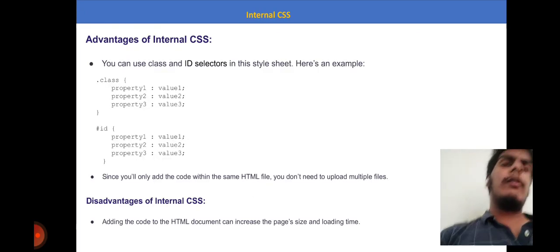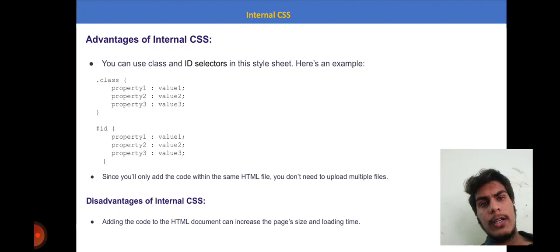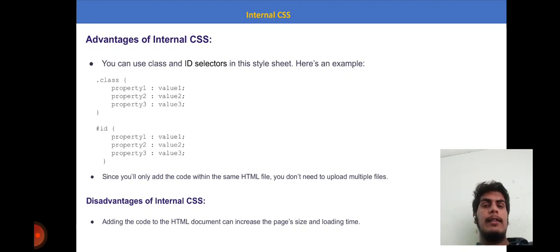Advantages of internal CSS. You can use class and ID selectors in this style sheet. Here is an example. Class: property 1 value 1, property 2 value 2, property 3 value 3, and ID: property 1 value 1, property 2 value 2, property 3 value 3.